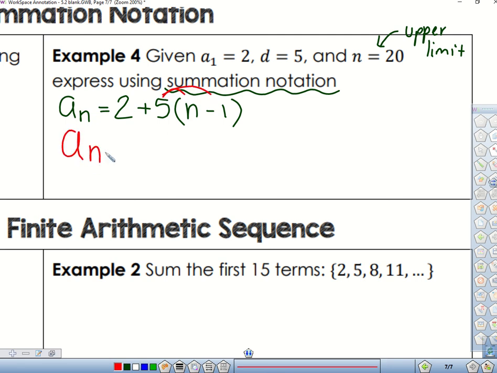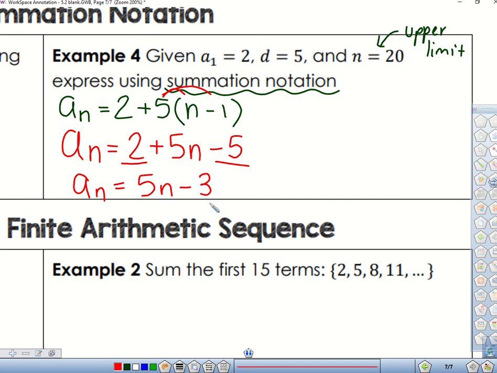You get a sub n is equal to 2 plus 5n minus 5. And what is the sum of 2 minus 5? Negative 3. So that's your a sub n.